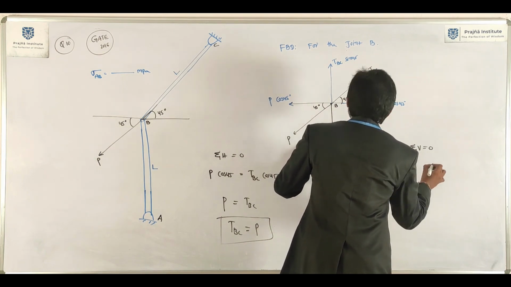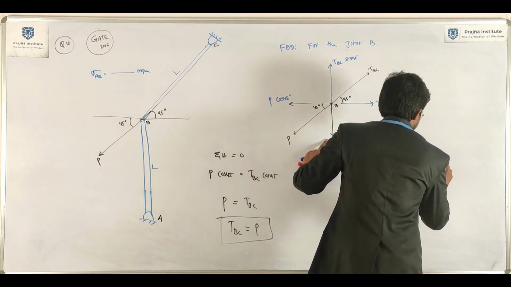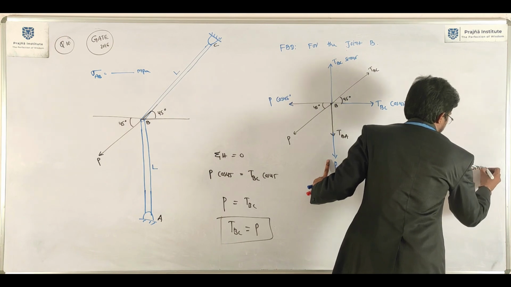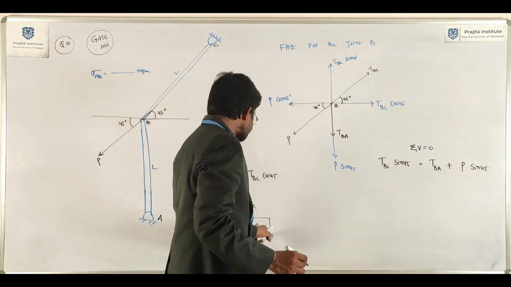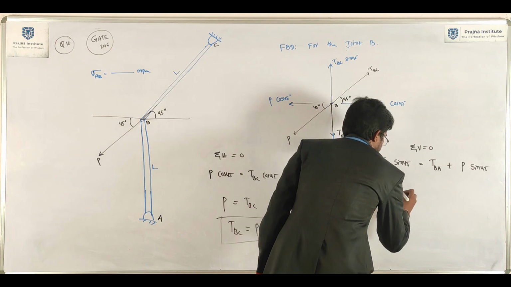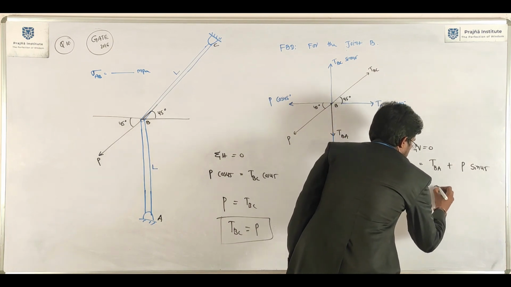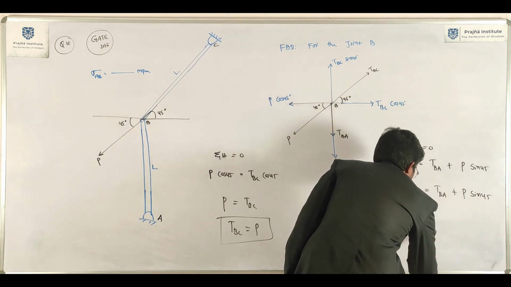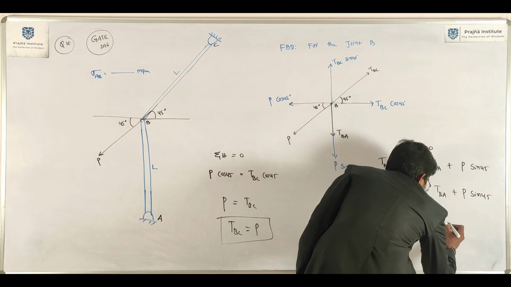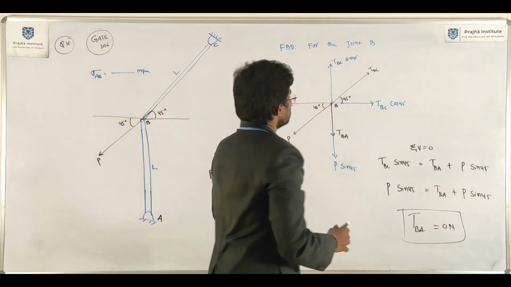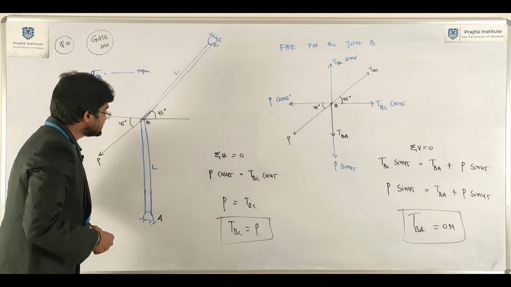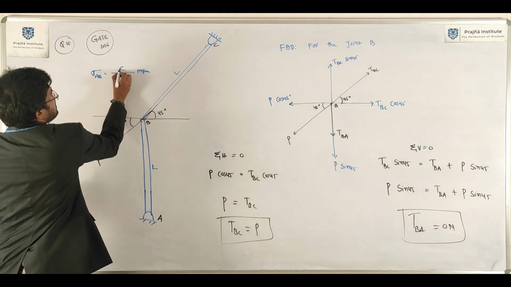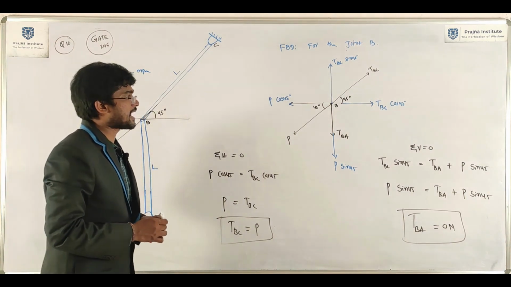TBC sin 45 equals TBA plus P sin 45. TBC equal to P. So P sin 45 equals TBA plus P sin 45. Finally, you will get TBA equal to 0 Newton. So there is no axial load transmitting through the member BA. That is why the stress induced in the member BA is equal to 0 megapascal.